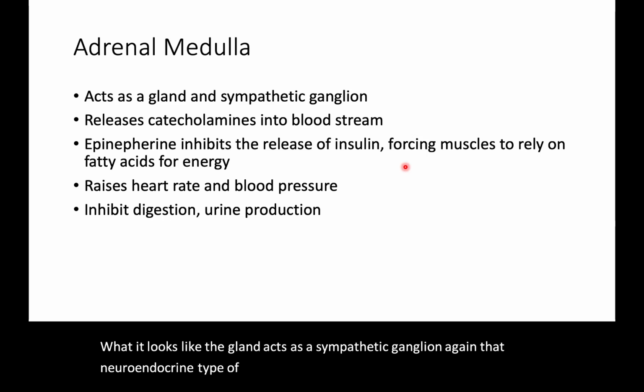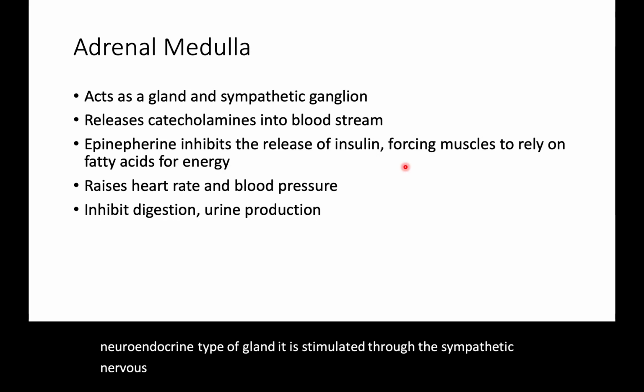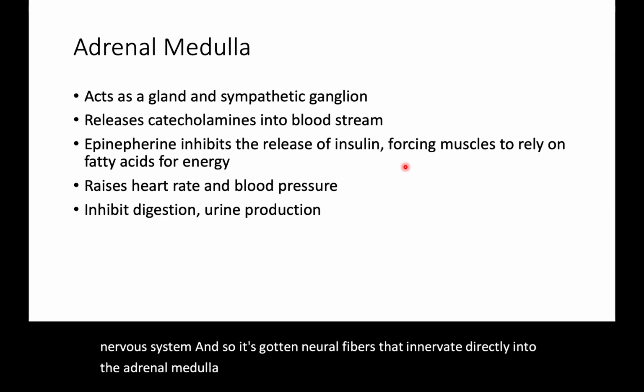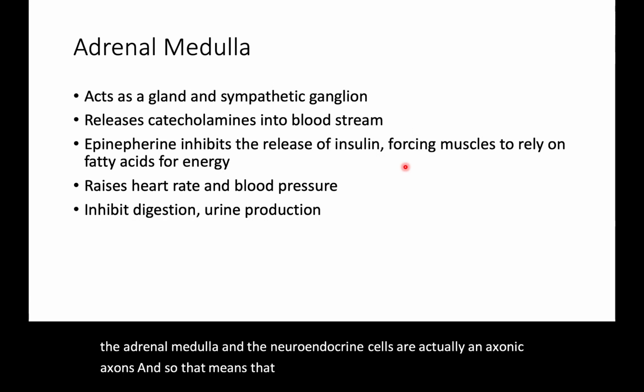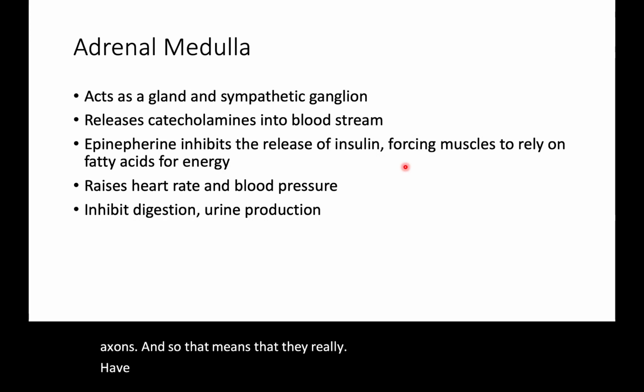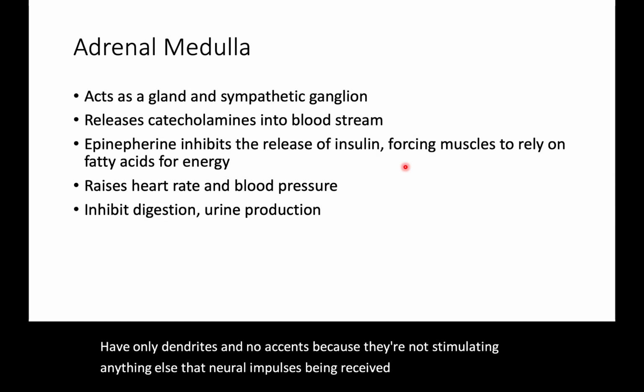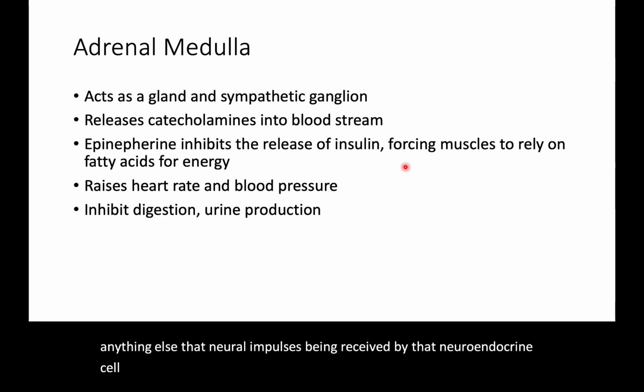It is stimulated through the sympathetic nervous system, so it has neural fibers that innervate directly into the adrenal medulla, and the neuroendocrine cells are anaxonic, meaning they really have only dendrites and no axons because they're not stimulating anything else. That neural impulse is received by the neuroendocrine cell, and it immediately releases catecholamines into the bloodstream.